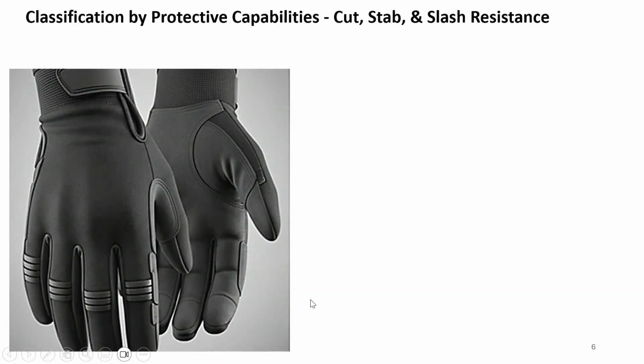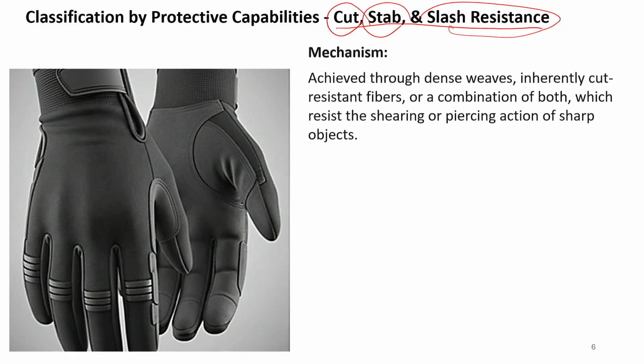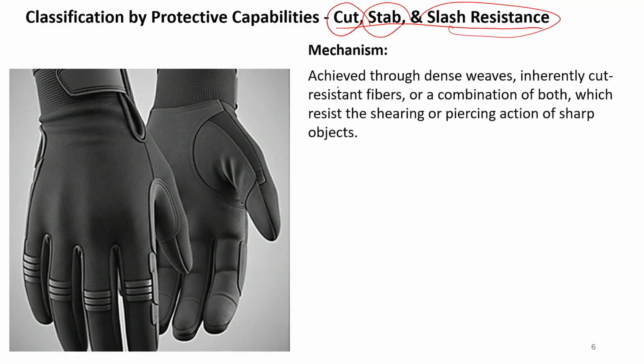Next is the cut, stab, slash resistant textiles. We will discuss the cut, stab, slash resistant textiles individually and separately, because their mechanisms are entirely different. We need different types of textile structures. But here, in general, these are achieved through dense weave.